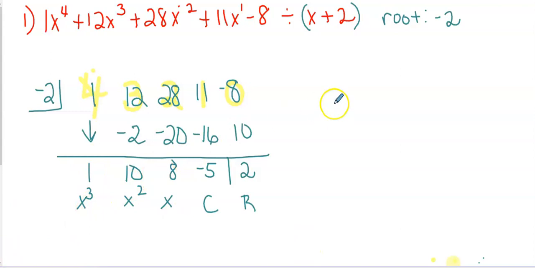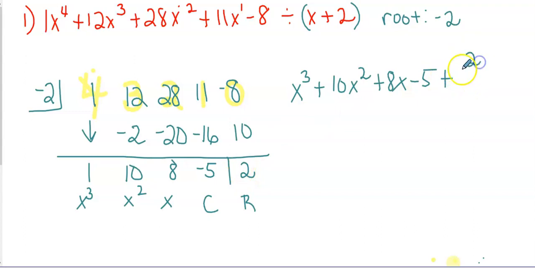So it's 1x cubed, which is just x cubed, plus, because it's a positive, plus 10x squared, plus 8x, minus 5, and then because my last term is a positive, I put a plus here, and that goes in the numerator, and my denominator is my original divisor, x plus 2.